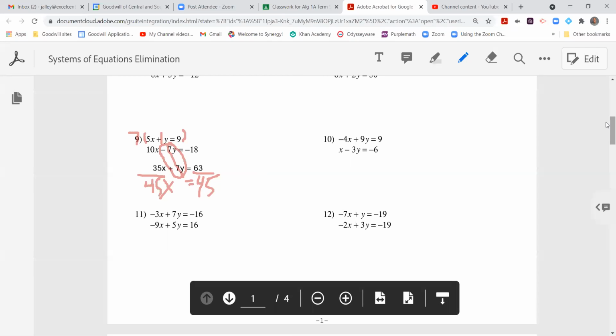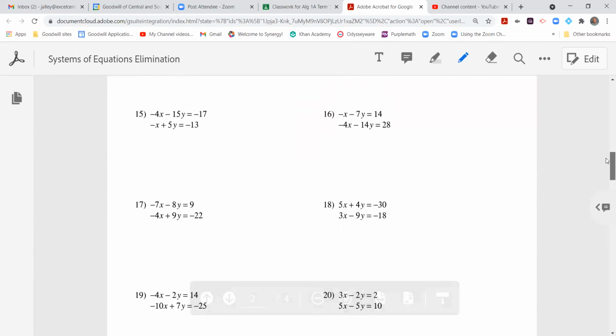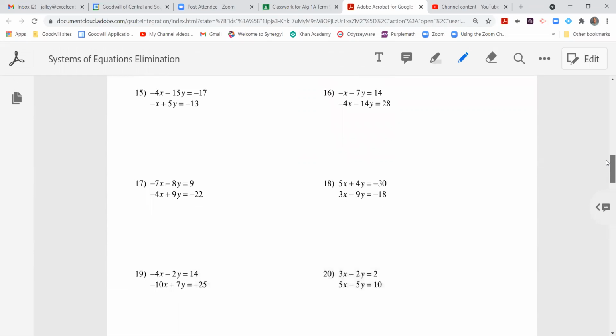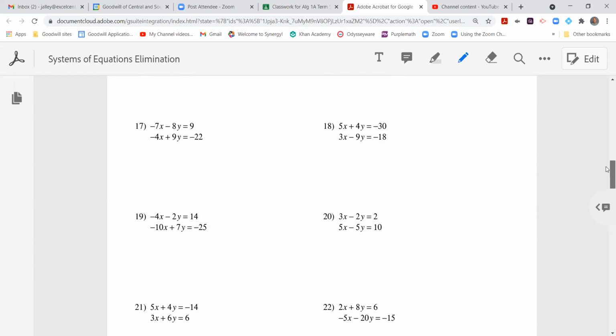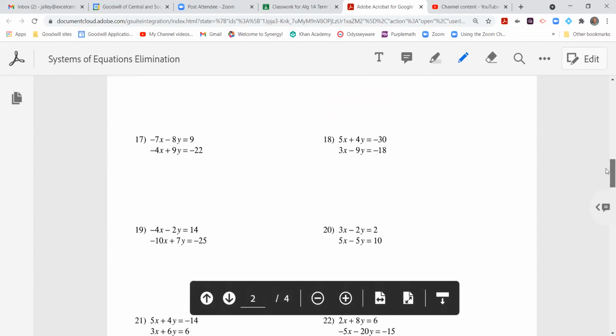And I'm going to guess that there are probably some problems on here where we'd have to modify both rows. Look at problem number 17.